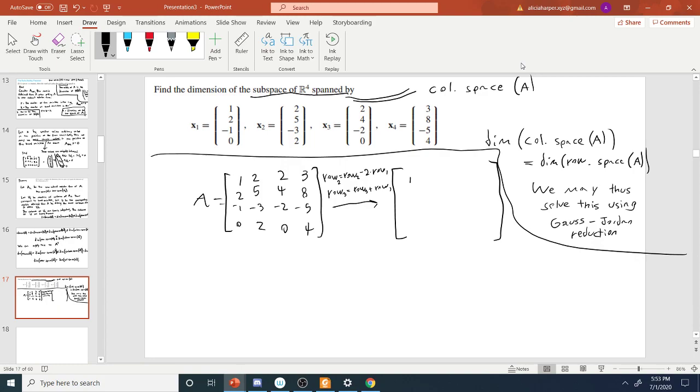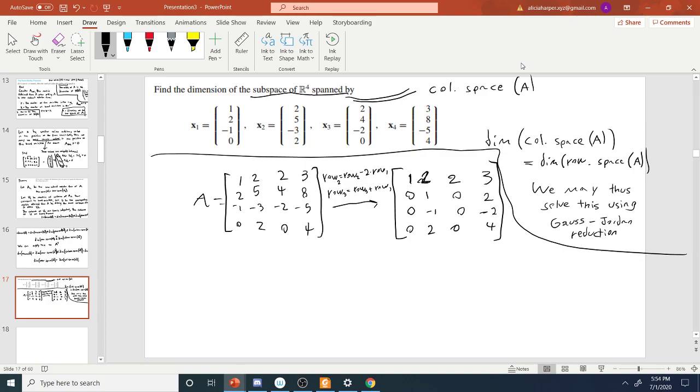If I do that, I'm going to get 1, 2, 2, 3. Here I'll have 0, 1, 0, 2. Here I'll have 0, -1, 0, and then -2. And then here I'll have 0, 2, 0, 4.